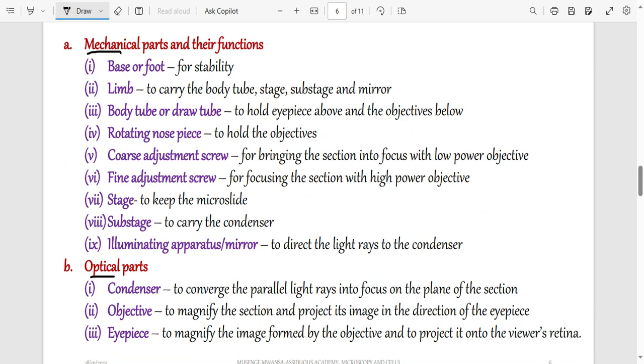But you always make sure that the unit of the image and object is the same. Otherwise, you are going to find something else. Is that good?